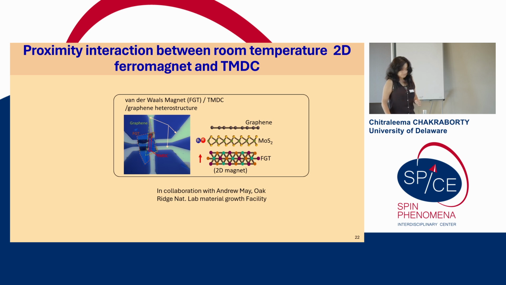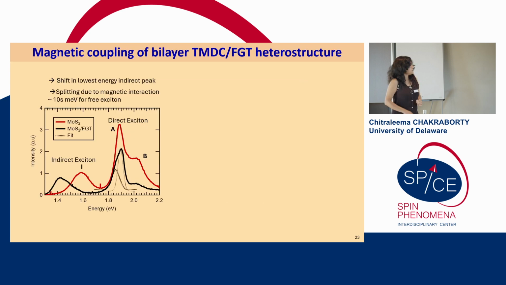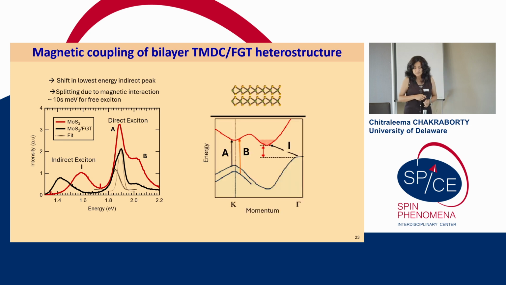And again we see some kind of coupling of the spins in the FGT with the exciton in MoS2. For a bilayer MoS2, this is what the PL spectra looks like. We get these different excitonic features: the A, B exciton and the indirect exciton that you see for the MoS2, which is in red. In the proximity of the FGT there is a shift in the indirect exciton because of the normalization of the indirect points.